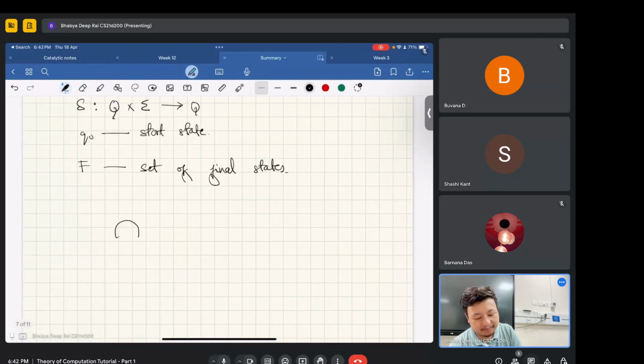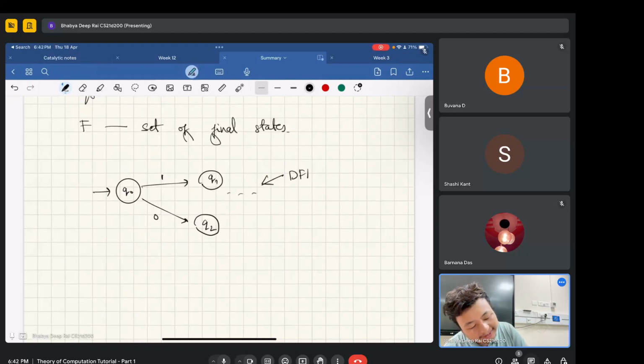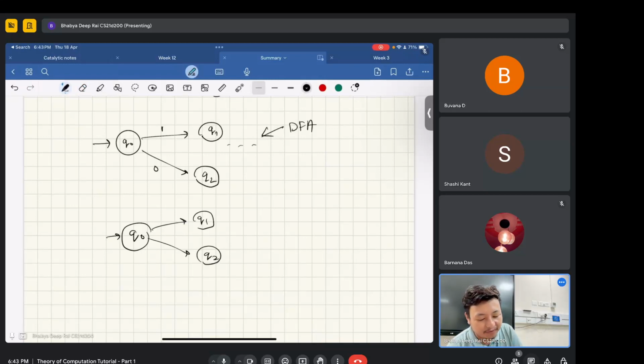A DFA will be like this: on a 1 it will move somewhere, on a 0 it will move to another state. So Q1 and Q2, let's say this is a DFA. An NFA can actually move to multiple states on seeing the same symbol.